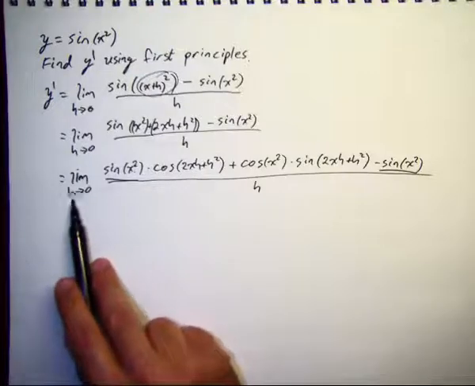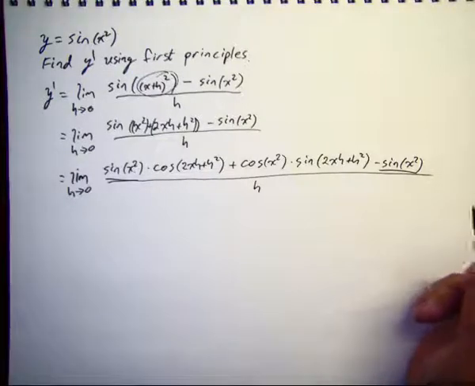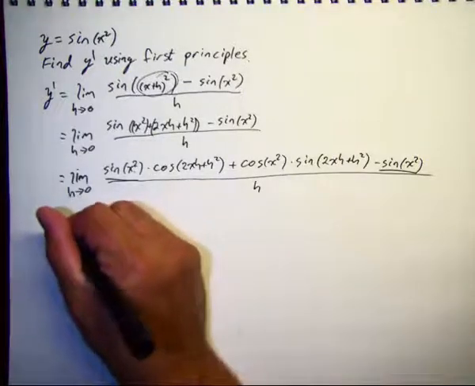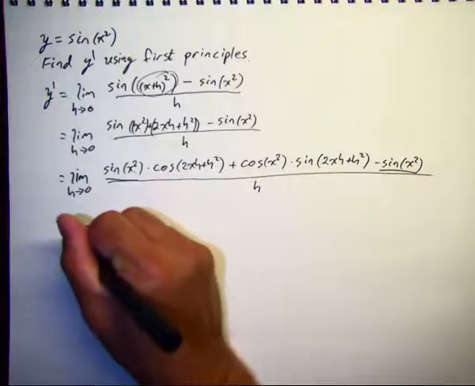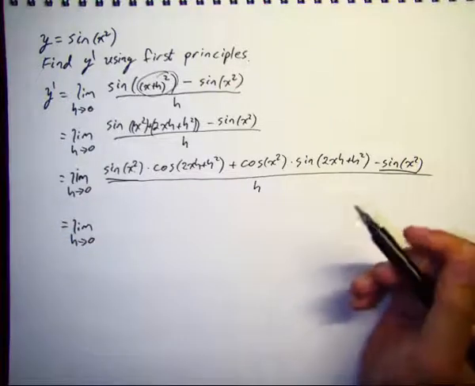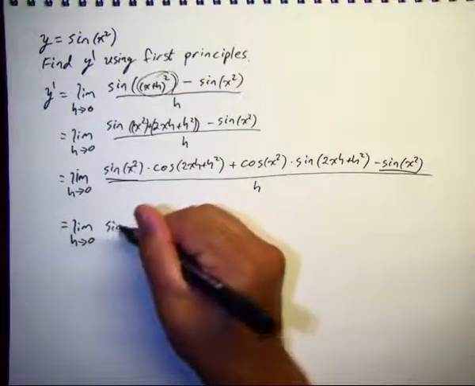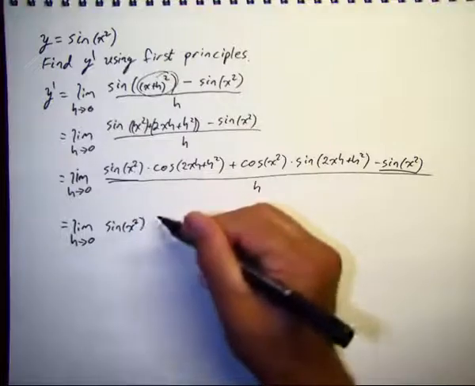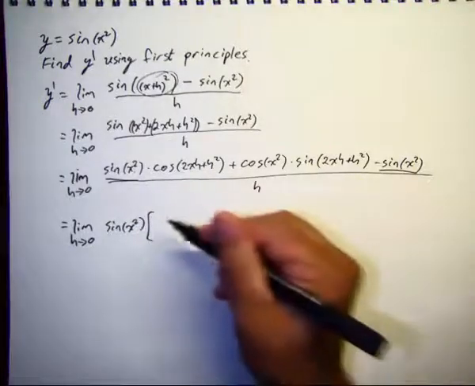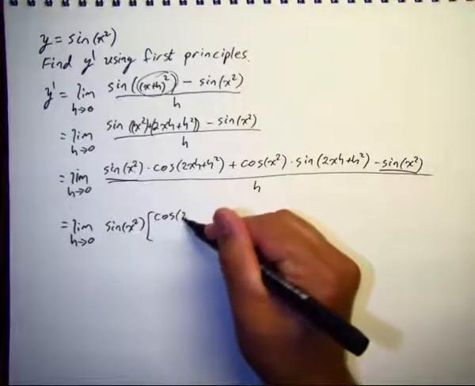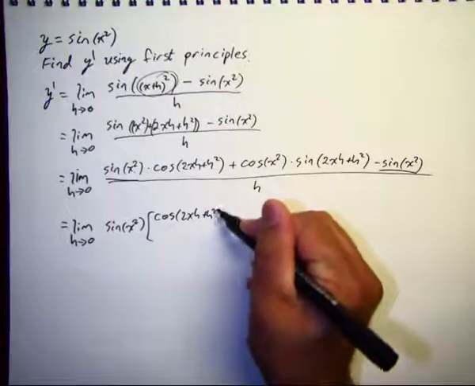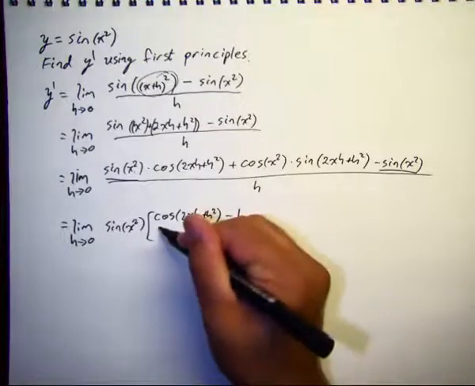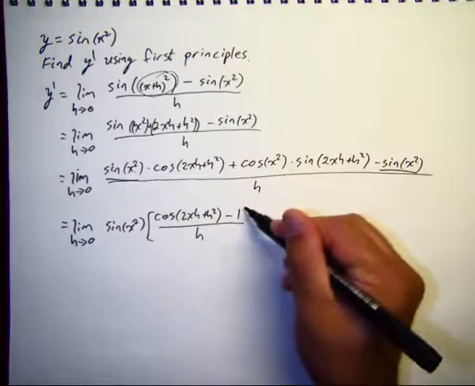In our limit, only h is to be considered as a variable. So, what do we have? This is the limit as h goes to 0 of sine of x squared, that's just a constant, times cos of 2xh plus h squared minus 1, all over h.